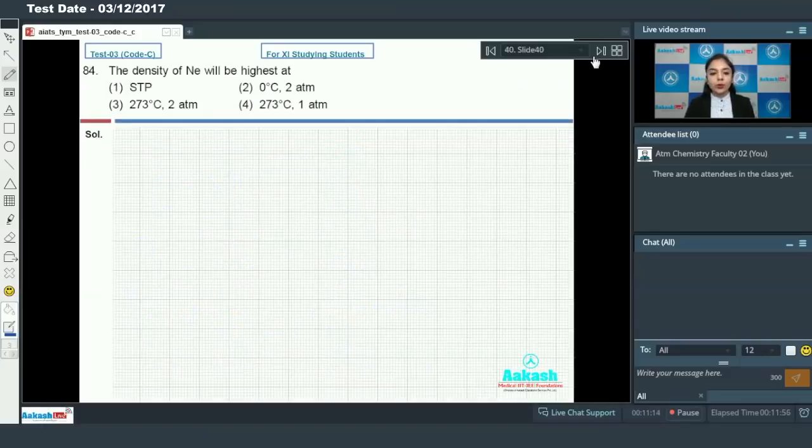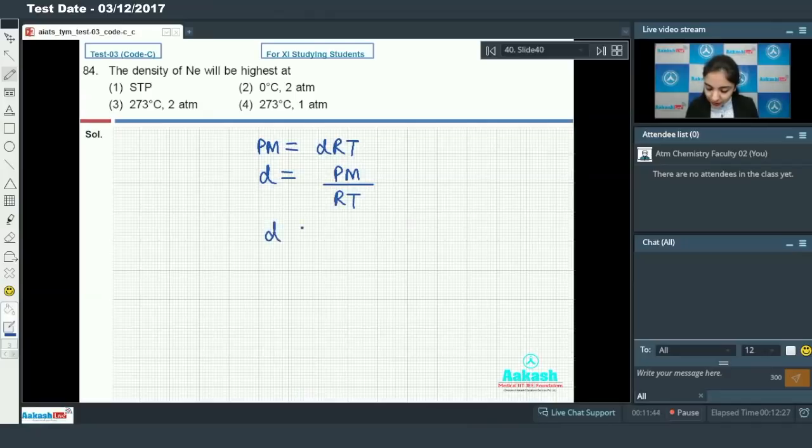So moving on to the next one, we have question number 84, which says that the density of neon will be highest at. So use the expression PM is equal to dRT. So we can write the density is equal to PM by RT, where P is the pressure and T is the temperature. And the molar mass of neon and the value of R are constant.